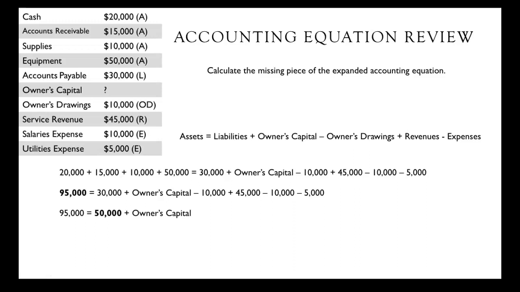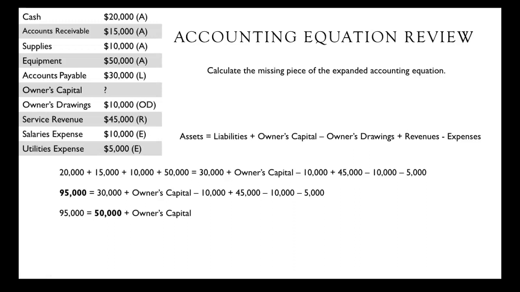So we're going to take our liabilities of $30,000. We're going to subtract out the owner's drawings that we had of $10,000. Add in the $45,000 of revenues and subtract out our salaries expense of $10,000 and subtract the utilities expense of $5,000. And all of that math will come out to be $50,000.